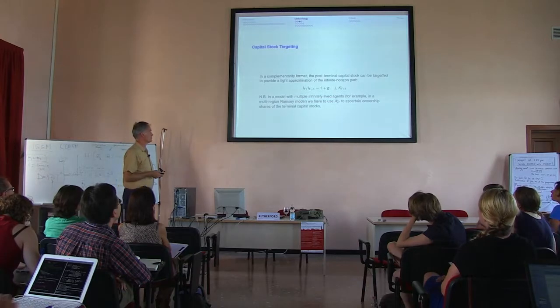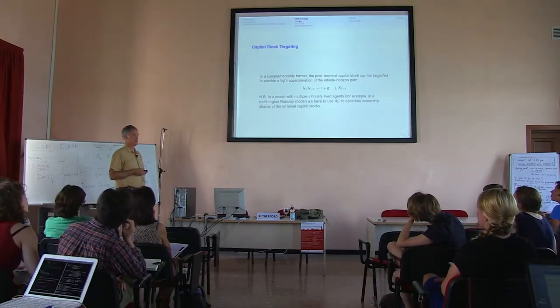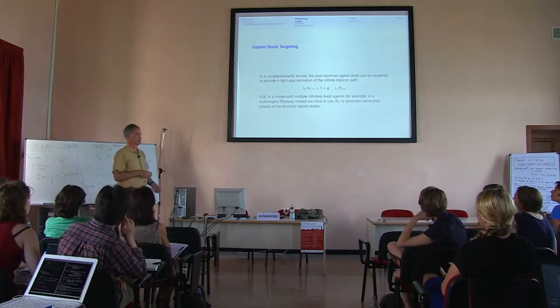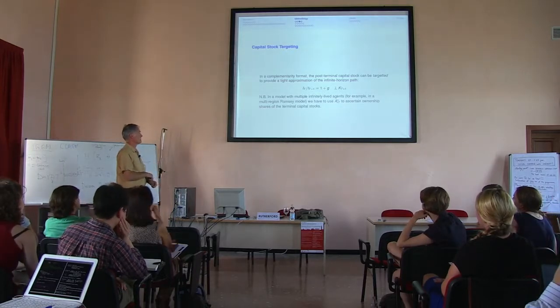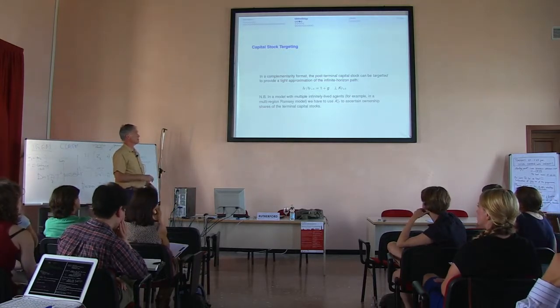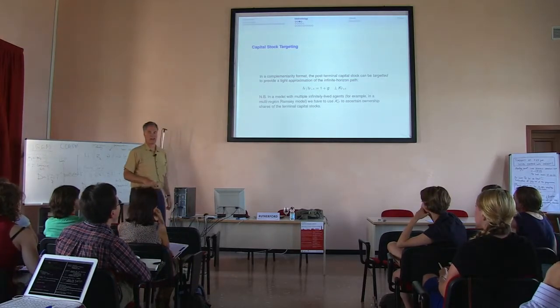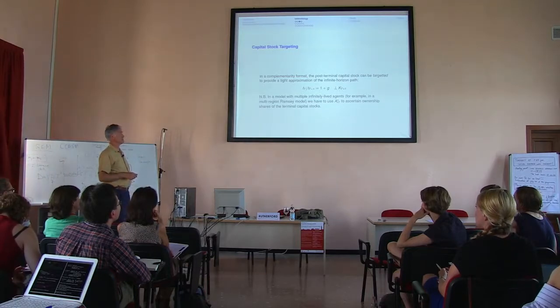Well, this is the trick here, is to go outside the optimization domain. That is, we're going to add something to the model which is seemingly innocuous. We're going to say we want to choose the value of the post-terminal capital stock such that investment grows with potential GDP over the horizon.